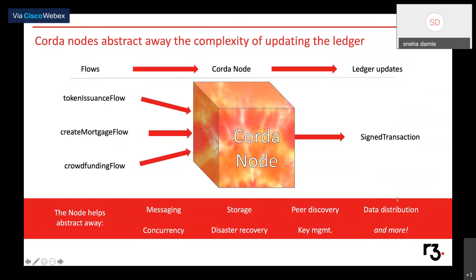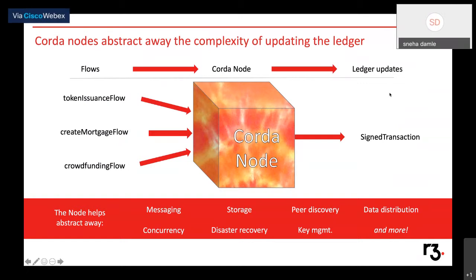Again, storage, I mean the way the node connects to the database, and peer discovery, the way the nodes interact with or discover each other. The way data is distributed to all the nodes within the system after achieving consensus or after finality. Concurrency, I mean how multiple flows can be started at the same time. Disaster recovery, or signing, how the transactions are signed.